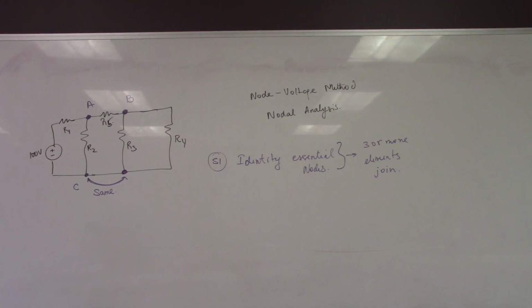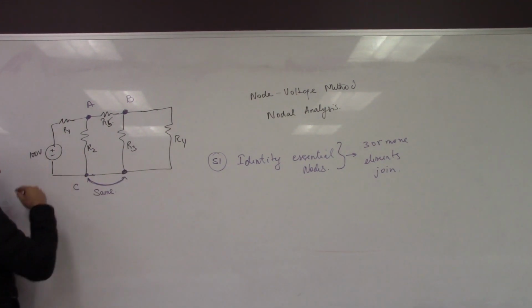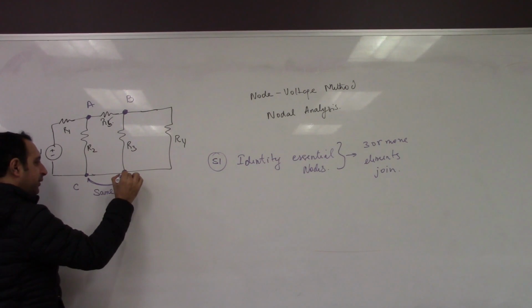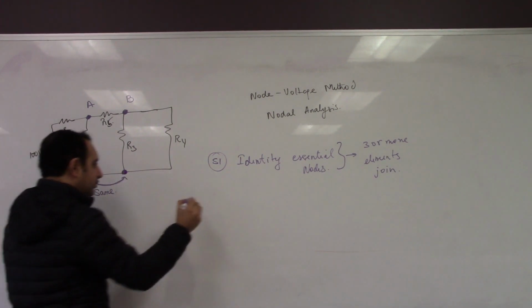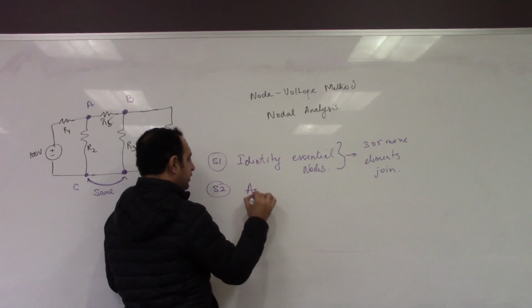Now, whenever we write node voltage equations, we need a reference. Generally, since this node is connected right across everything, we'll assume this to be our ground node. So step two, assume one node as your reference.